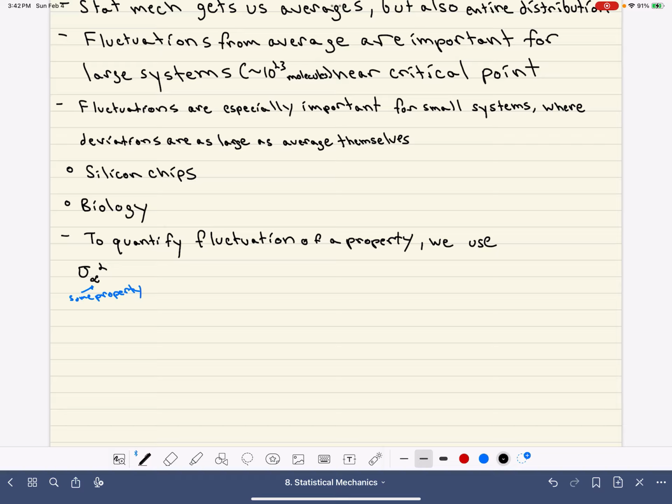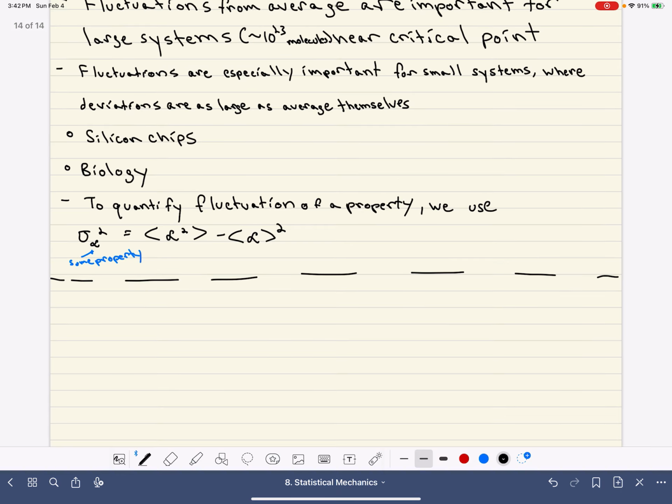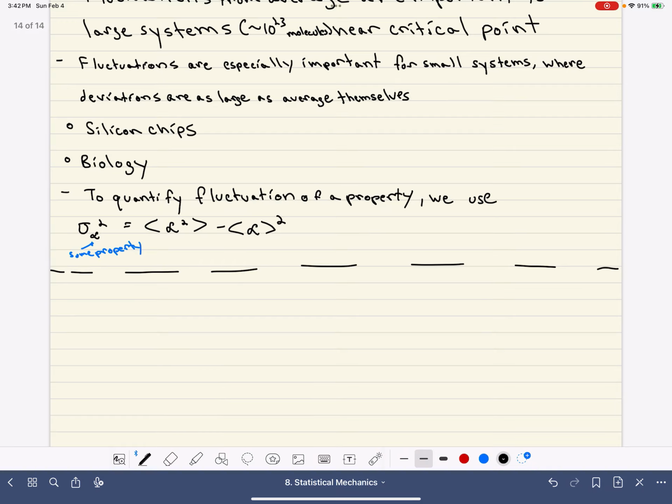By definition, the variance is the average of alpha squared minus the square of the average of alpha. To show you the utility of looking at the variance of a property, we'll demonstrate how a property like constant volume heat capacity is related to energy fluctuations.